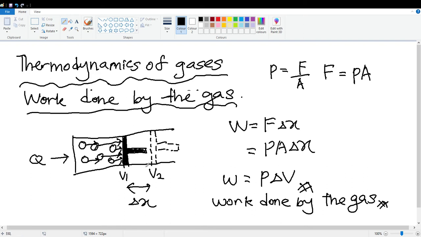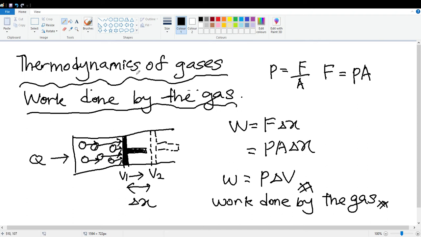Alright, so from V1 to V2, that's actually the work done by the gas due to the increase in internal energy, or should I say kinetic energy, of the gas. So the increase in internal energy of the gas will eventually increase the collisions between the gas and the wall of the piston.